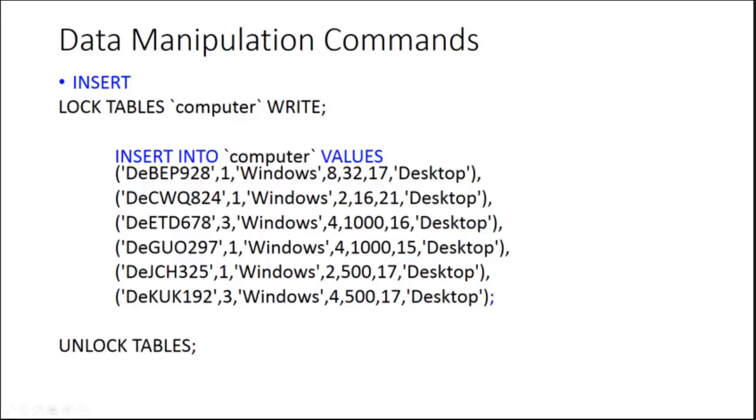Just mention the values separated by commas, every record enclosed in a pair of parentheses, separated from the other records by a comma, and we have a list of all those records we want to enter. At the end, semicolon, like the end of a query. After finishing the data write, then unlock tables.